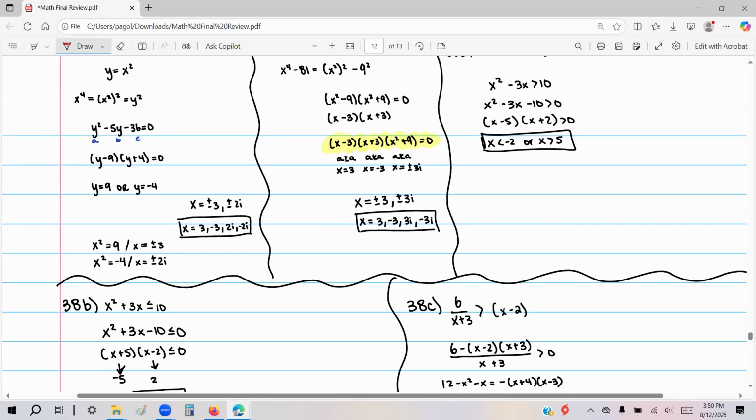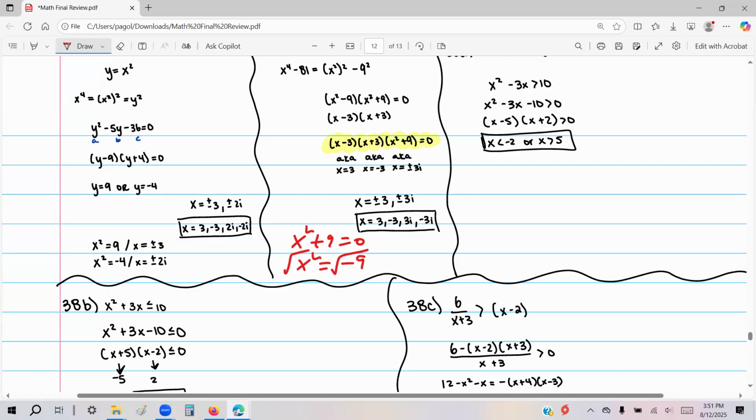For the next one, it's 4th degree, but difference of perfect squares. So you get x squared plus 9, x squared minus 9. And then you factor more, x squared minus 9. So you get x plus 3, x minus 3. So you get two solutions, 3 and negative 3. But for x squared plus 9, you get x squared equals negative 9.